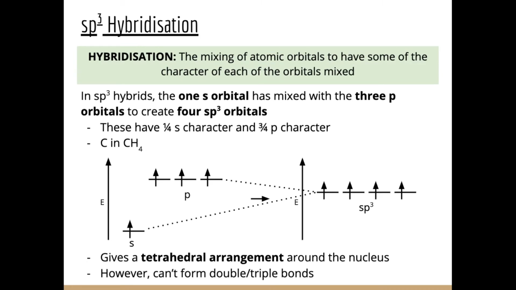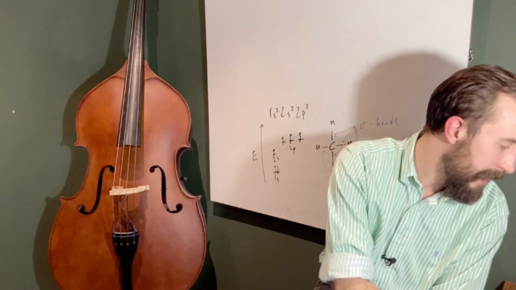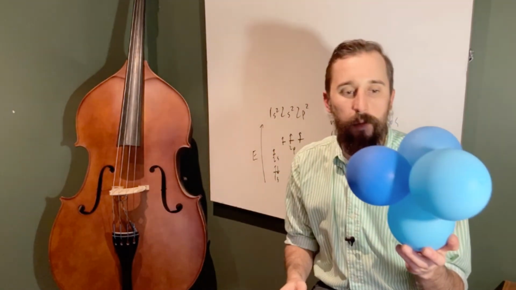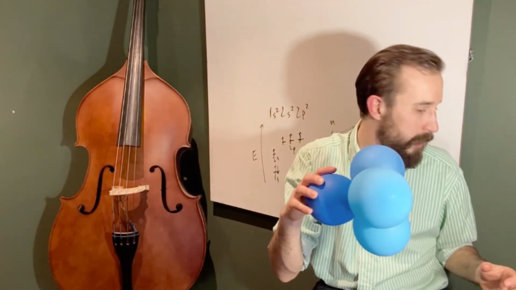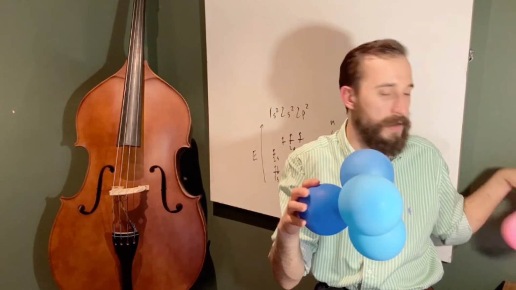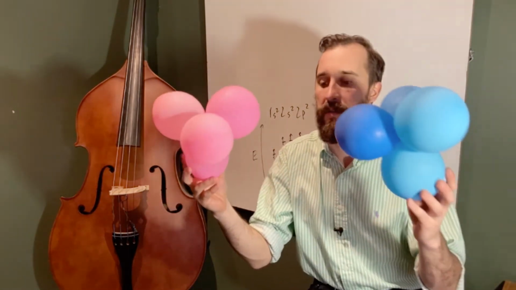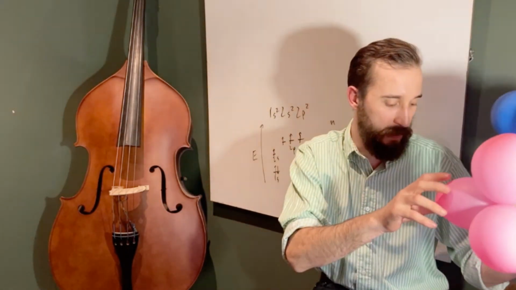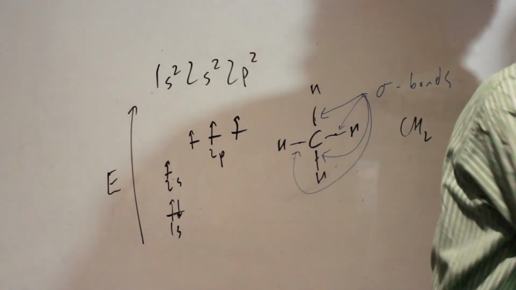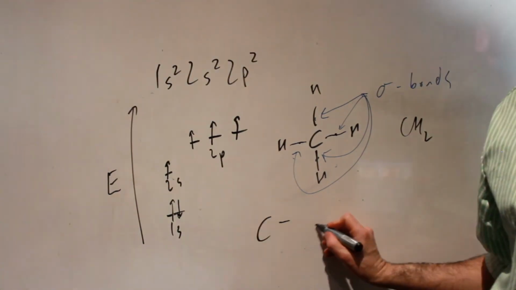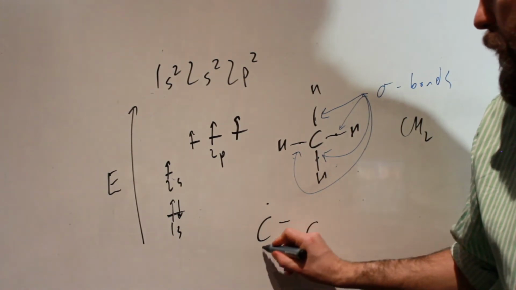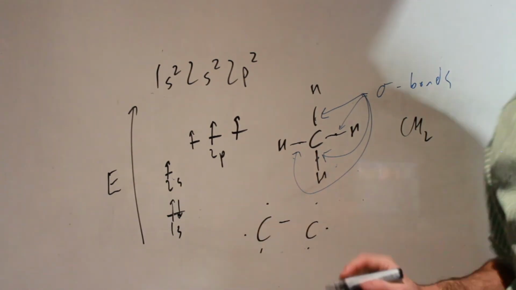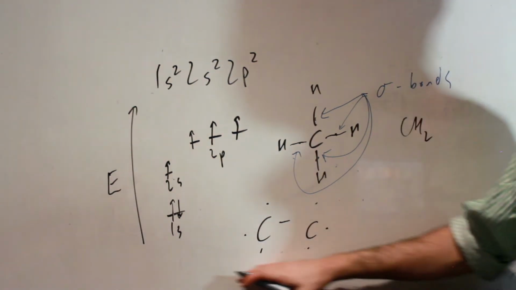However, this can't form double or triple bonds. So what can happen is we can get an sp3 orbital to overlap with another sp3 orbital like this. This might be in the case of two carbons. If I've got a carbon bond like the example I showed you before with p orbitals, really this would be sp3 orbitals.